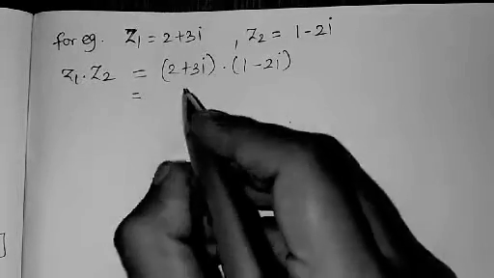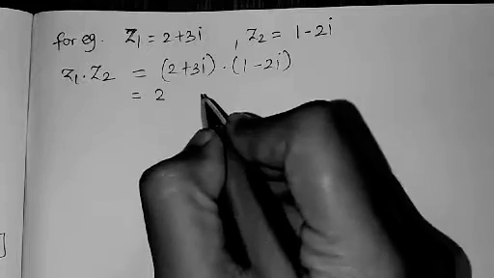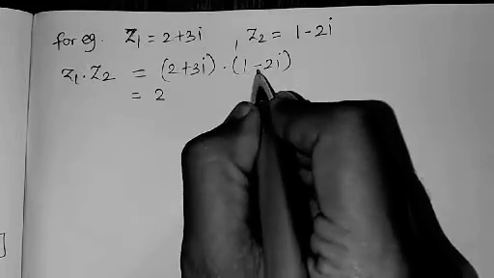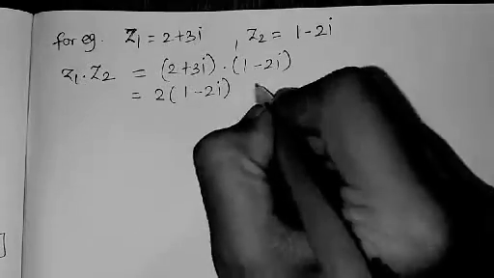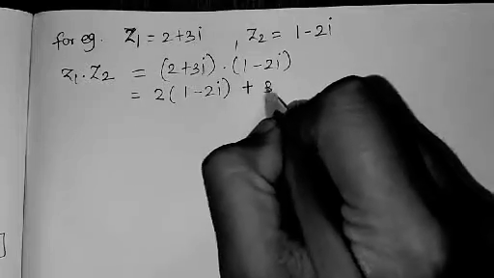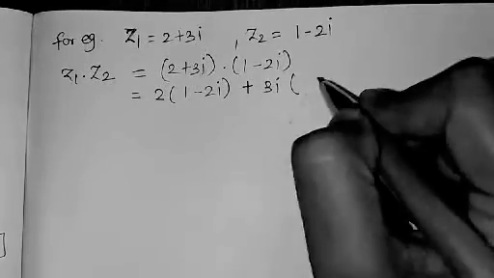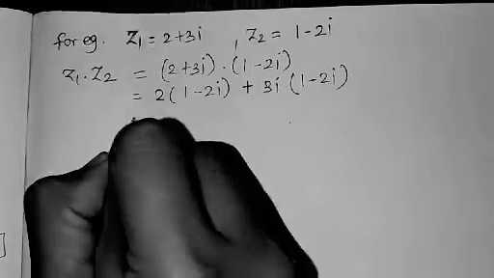Here the first term of the first bracket is 2 and we multiply this 2 into the second bracket, that is (1 minus 2i), plus the second term of the first bracket is 3i, and again multiply (1 minus 2i).